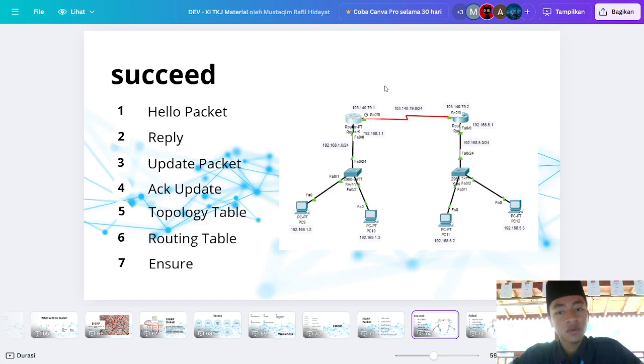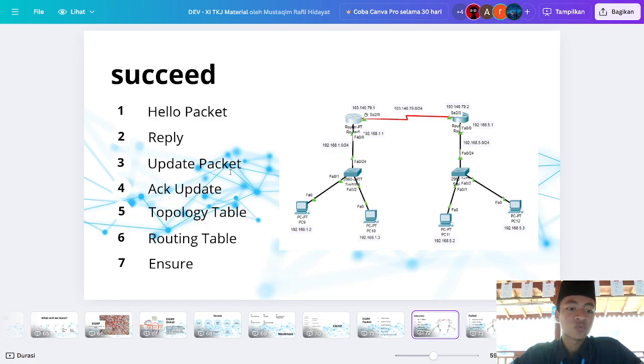After that, it will send an update packet to the neighbor with the information about the IP addresses that it has. Once the neighbor receives it, it sends an acknowledgement, and it will send its own update packet as well. Then both routers send acknowledgements when they have received the information.